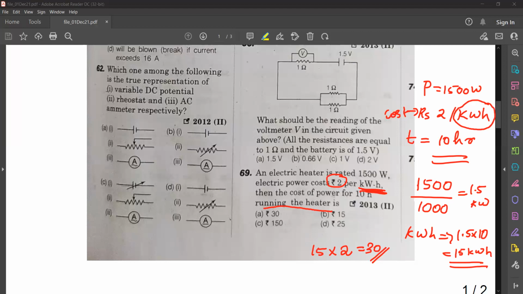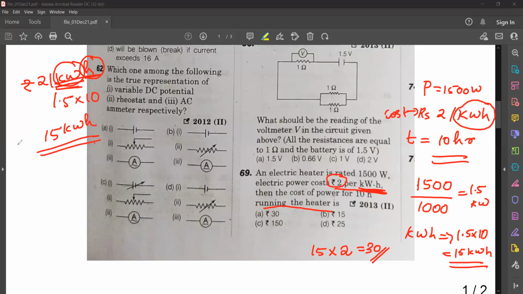Understood? So listen carefully. Here the cost is given as rupees 2 per kilowatt hour, so we have to convert watt into kilowatt and multiply that with hour. 1500 watt converts to 1.5 kilowatt, into 10 hours is 15 kilowatt hour. 15 kilowatt hour multiplied with rupees 2 is rupees 30.